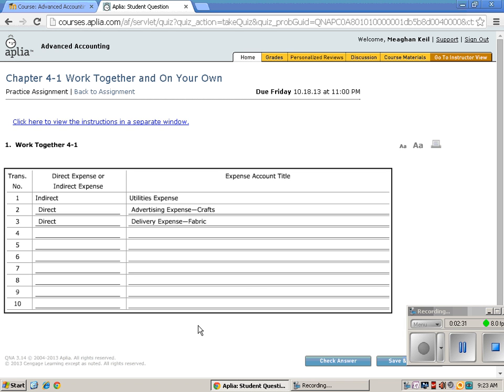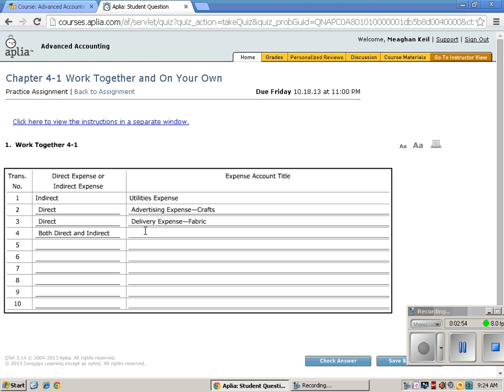Number 4, we paid cash for a bi-monthly payroll for administrative, fabric, and craft employees. Sales clerks are hired by specific department managers. Because it's going to be the administrative, the secretaries, the accounting department, the marketing, they work with both departments. This is going to be both a direct and an indirect.